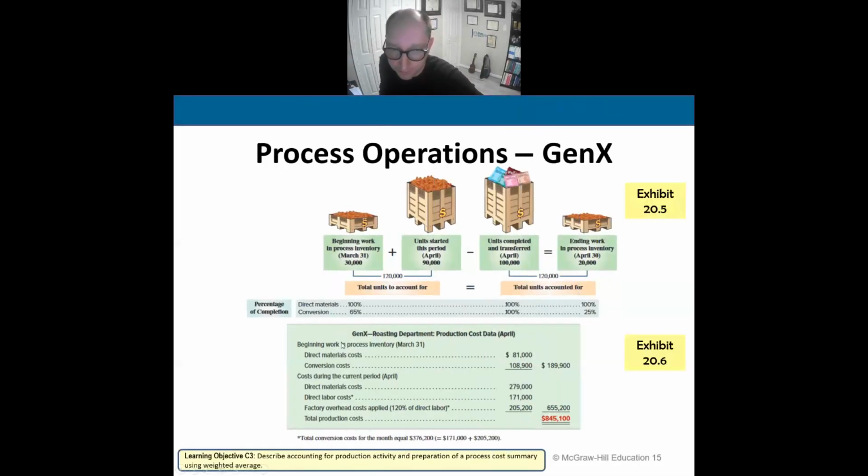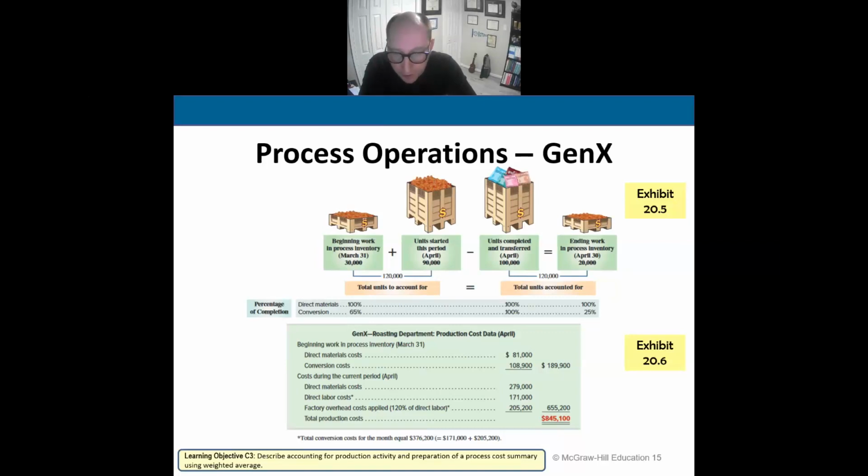Now, using the weighted average method, I can compute the equivalent units. Now, remember, weighted average accounts for all of your purchases divided by the number of purchases.